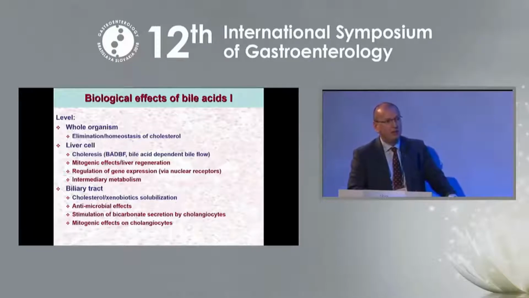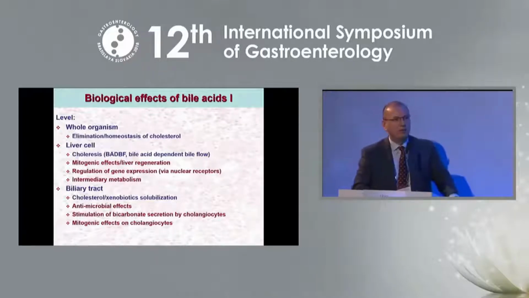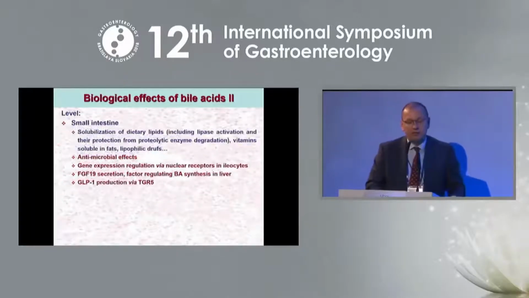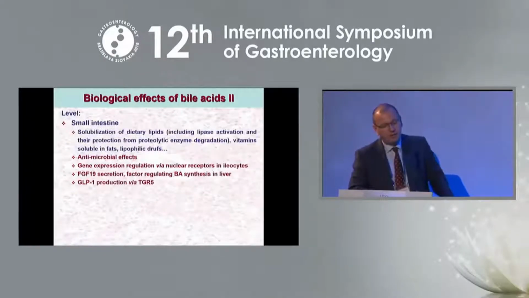As you know, there are studies with nor-ursodeoxycholic acid and bis-nor-ursodeoxycholic acid for primary sclerosing cholangitis. There are also mitogenic effects on cholangiocytes. On the level of the small intestine, they are responsible for solubilization of dietary lipids. They again have antimicrobial effects.